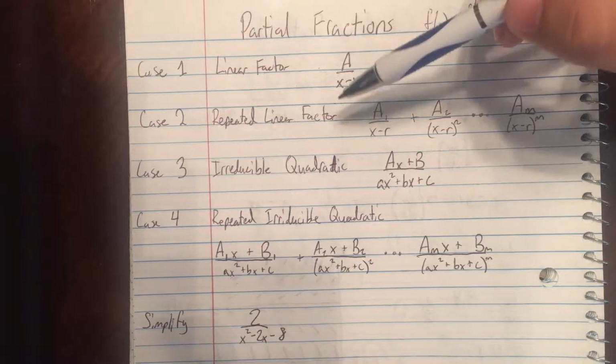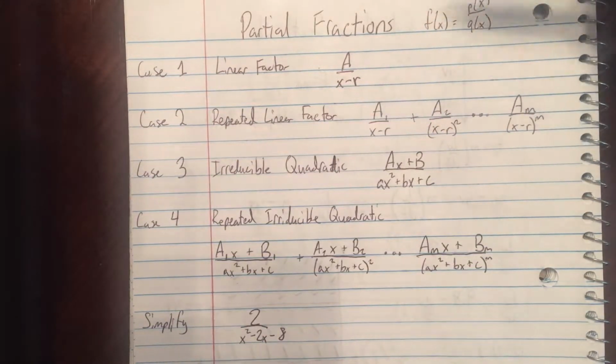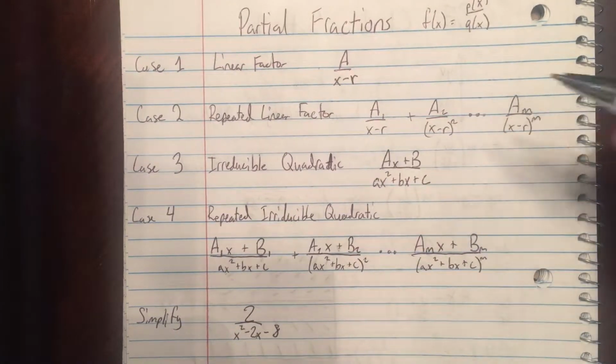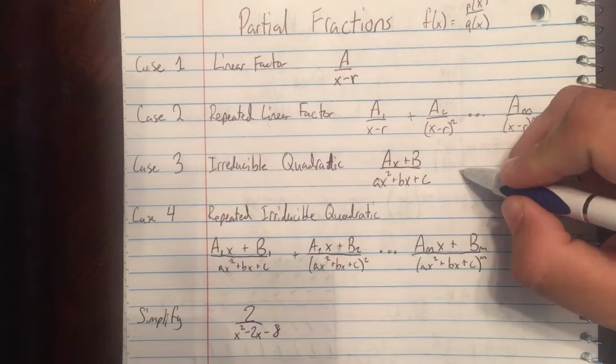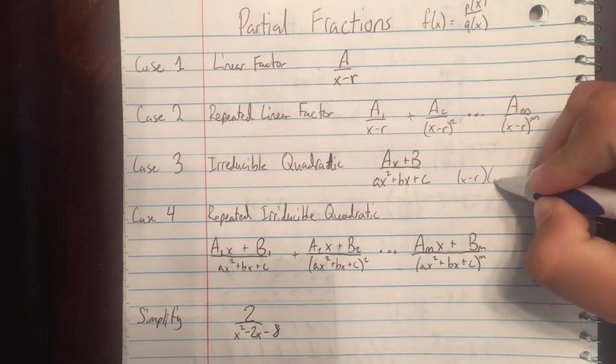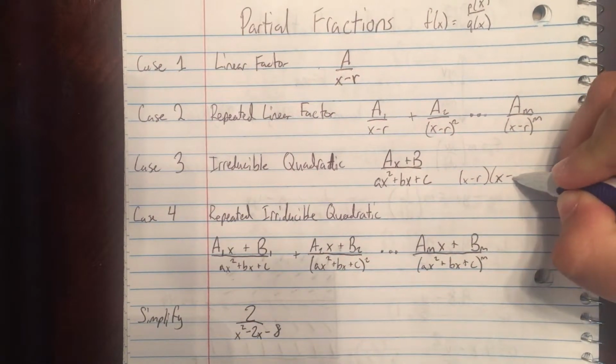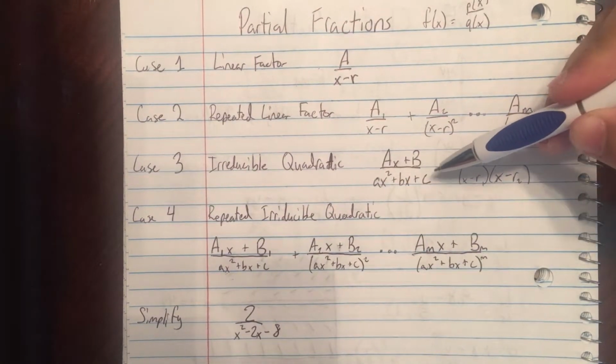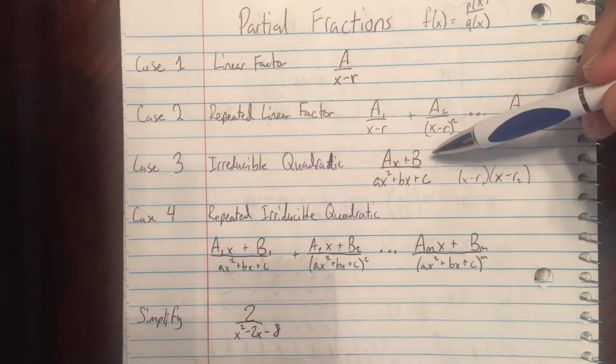The third case is irreducible quadratic. So this is going to be some quadratic that we cannot simplify into two different factors. So we could have something like x squared plus 1, and we can't factor it out like that. So we have to put ax plus b.